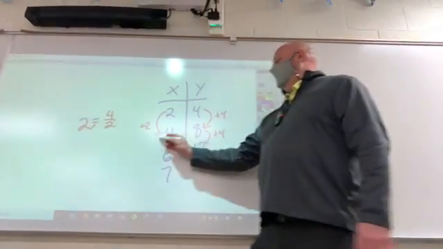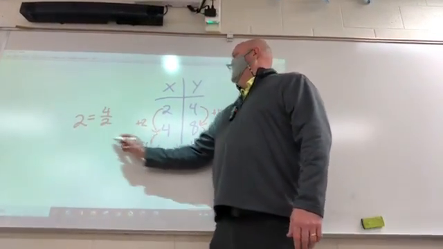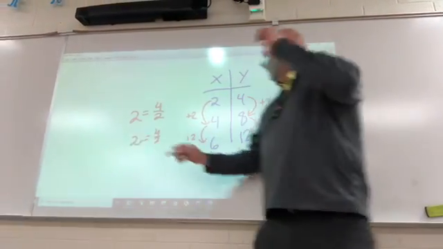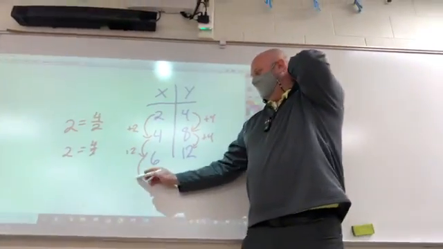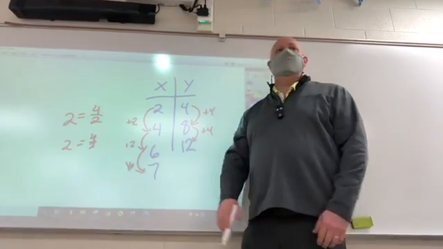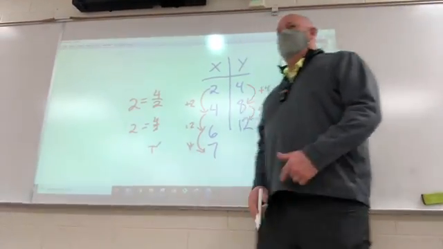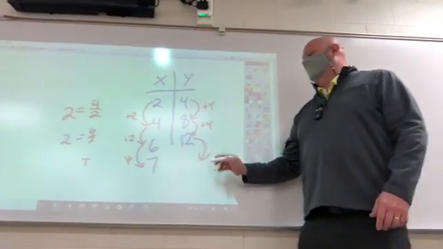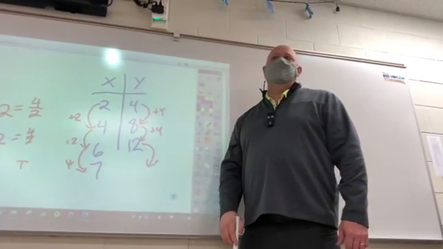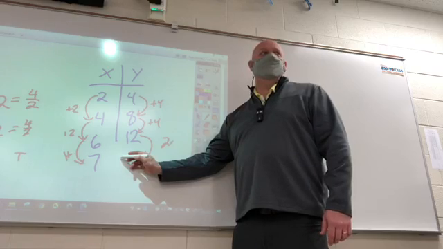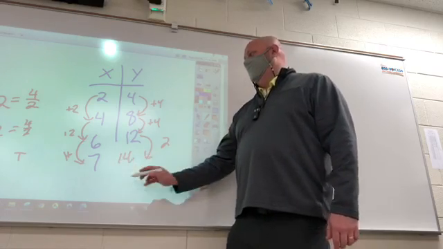This was up 4 for up 2, which again, 4 to 2 is 2. This is only up 1, right? So if it's up 1, what has to be the increase over here? 2, which means this would have to be a 14.